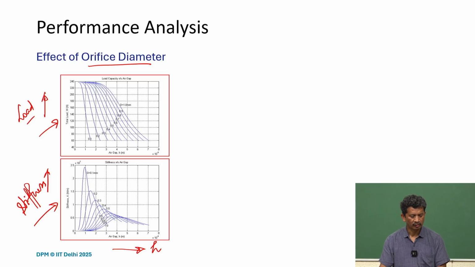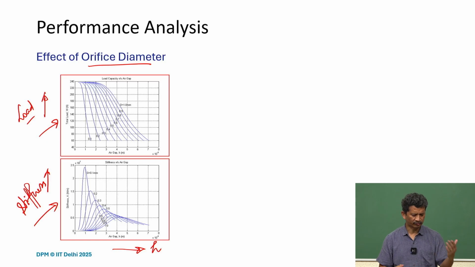So we solved it in MATLAB. We can write a small code; these days it can be written very easily using Python or any software. Basically we solve those equations, the mass flow rates, which have to be the same, and find the air gap.